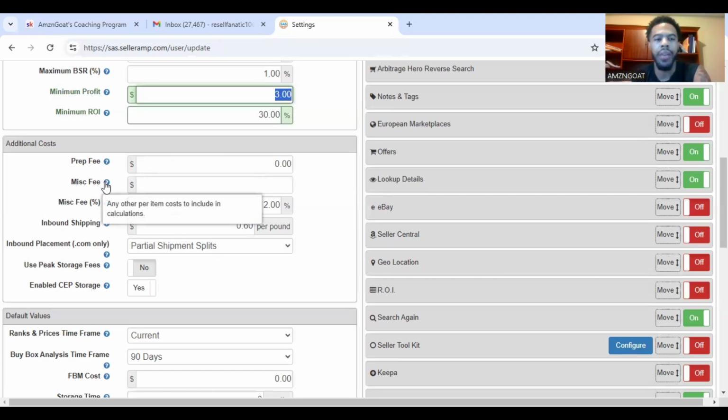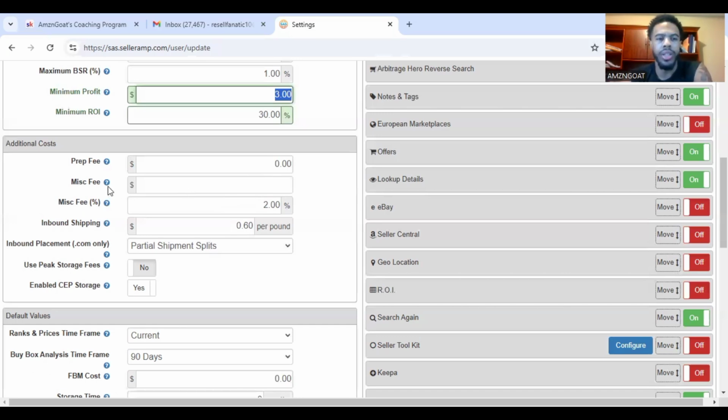You shouldn't really have any other miscellaneous fees that you have to put in. You can put in how much it's going to cost for a box or the supplies that are needed to ship a product out, but I usually don't even include that in there. Supplies is an expense that can get written off at the end of the year anyways.